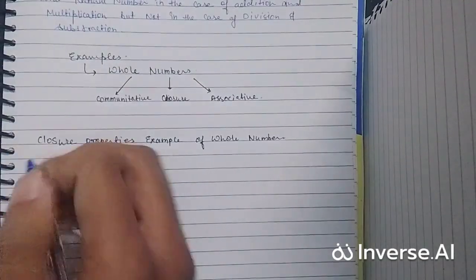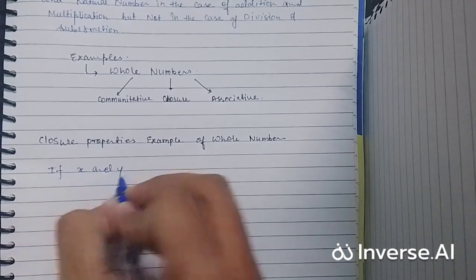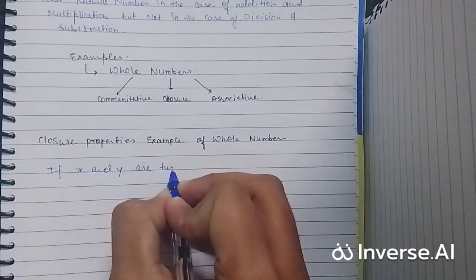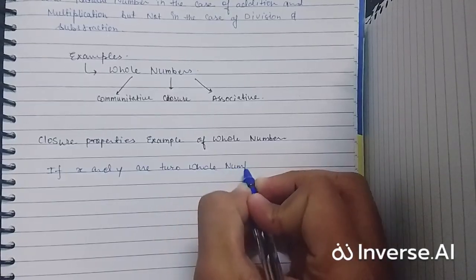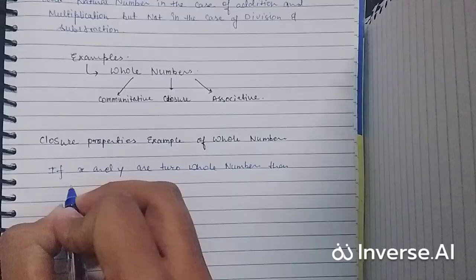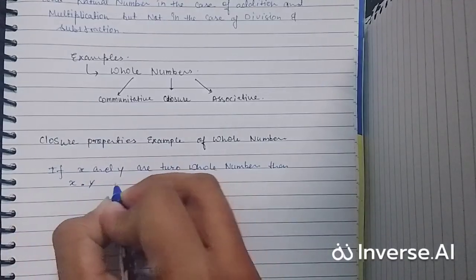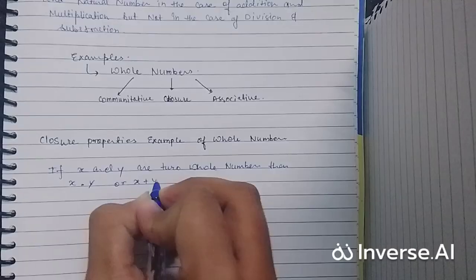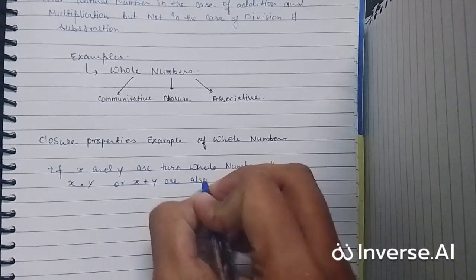For example, if x and y are two whole numbers, then x into y or x plus y is also a whole number.